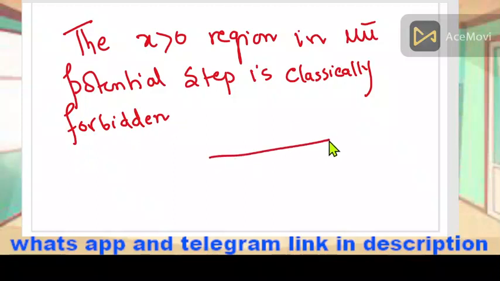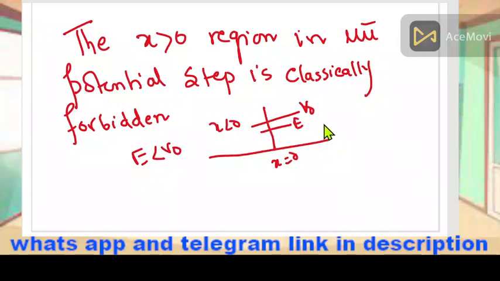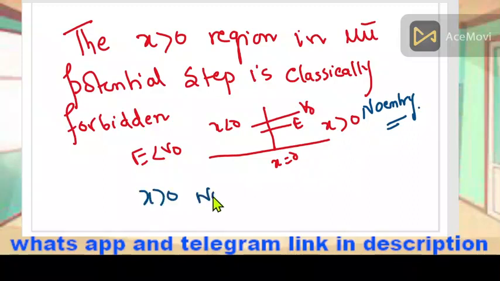Classical mechanics says that if this is x equal to 0, this is x less than 0, and the particle has energy less than V naught, then x greater than 0 is not reachable by the particle. Particle cannot go there. Classical mechanics has no option to enter the particle in this region, so x greater than 0 is a no entry region.